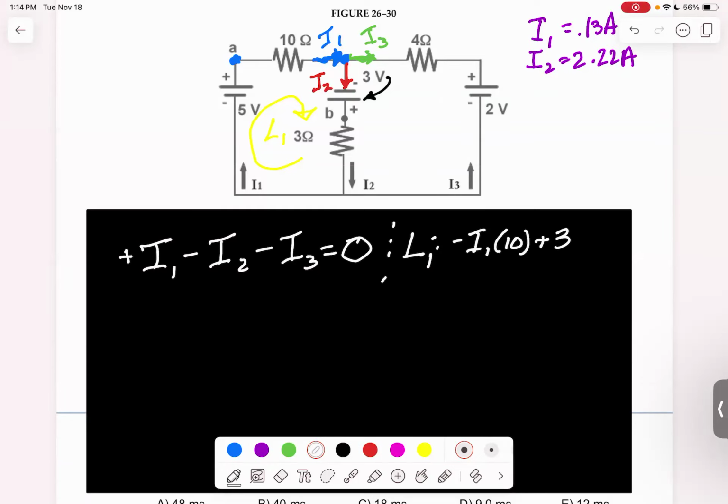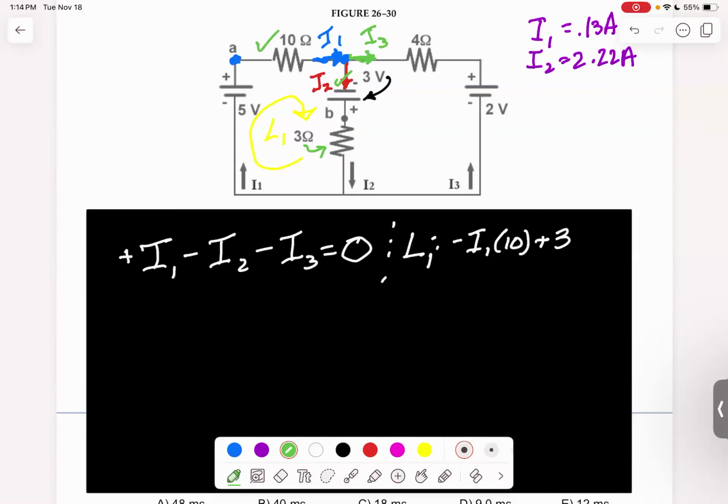Remember, all of these are voltages. So we've gone through the first 2 components in loop 1. A resistor of 10 ohms, a battery of 3 volts. Now we're going to go through this next resistor. So its resistance, you can see here, is 3 ohms.